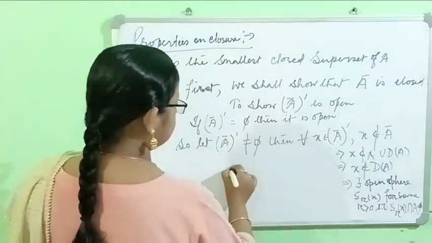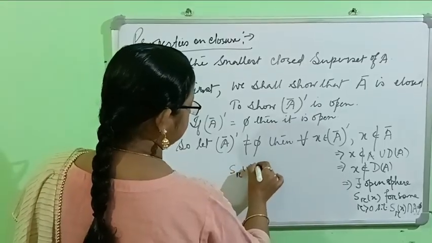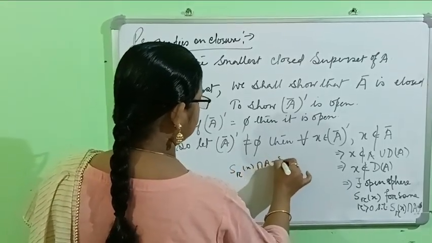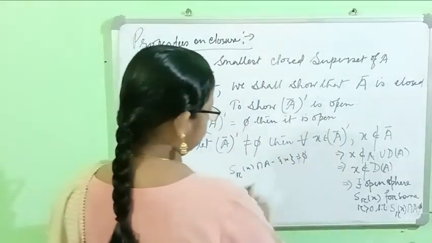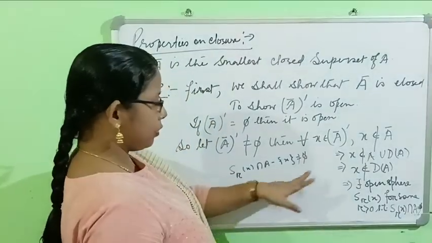That is, it does not satisfy the definition of limit point. As x is not a limit point, this definition is not satisfied, so this intersection is empty.